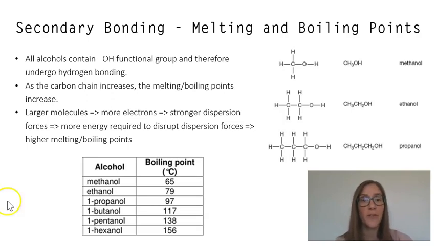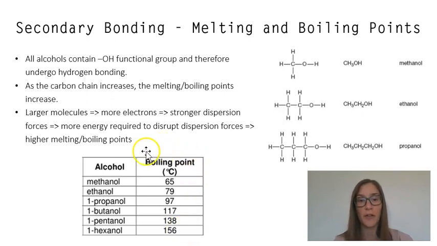An example of this are alcohols, which contain this OH functional group, the hydroxy functional group. Now, from the data table below, you can see as we progress from methanol, which has one carbon atom in its chain, to hexanol, which has 6 carbon atoms in its chain, the boiling point increases from 65 degrees Celsius to 156 degrees Celsius.